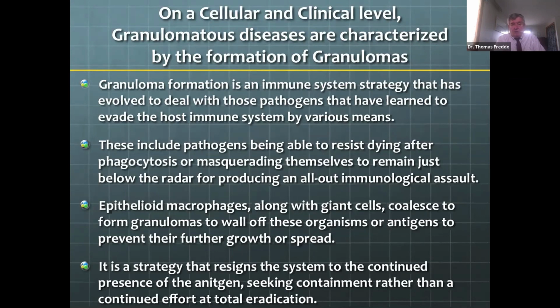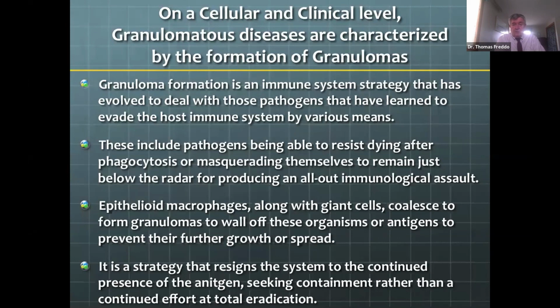The thing that characterizes granulomatous diseases probably the most, and not surprising given the name, is the formation of granulomas. Although we're going to see some granulomatous diseases, at least in terms of name, before we're finished, that are not granulomatous. So this is not as intuitively obvious as you might have initially surmised.